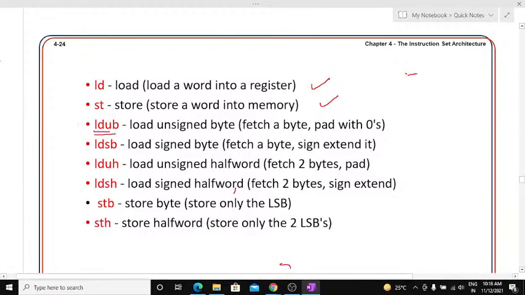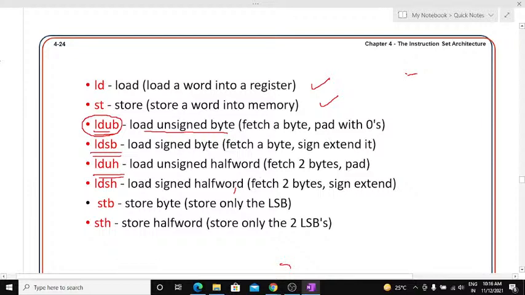LDUB means load unsigned byte, fetch a byte. LDSB means load signed byte. LDUH is load unsigned half word, and full word.